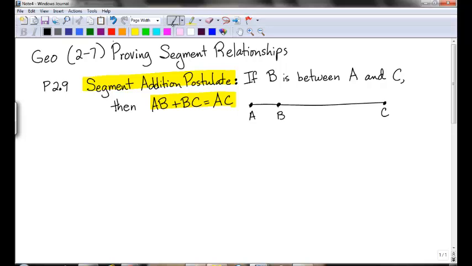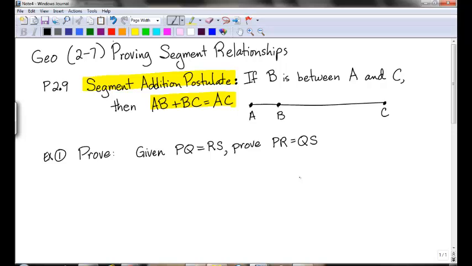Okay, now I want to go through an example of a proof. And in this one they ask you to prove. It says, given the measure of PQ equals RS, prove PR equals QS.